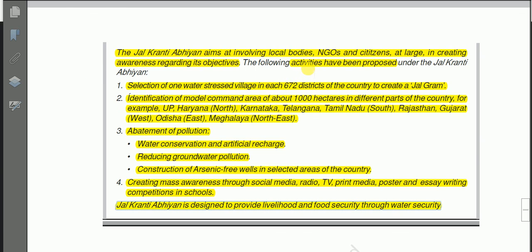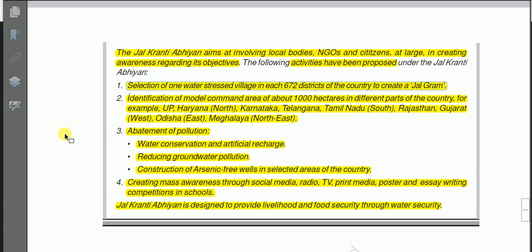So the following activities have been proposed under the Jal Kranti Abhiyan. So what are the activities to be done under the Jal Kranti Abhiyan? The first one: selection of one water stress village in each of the 672 districts of the country to create a Jal Gram.